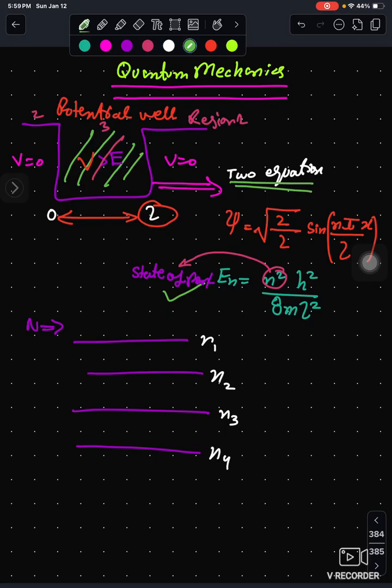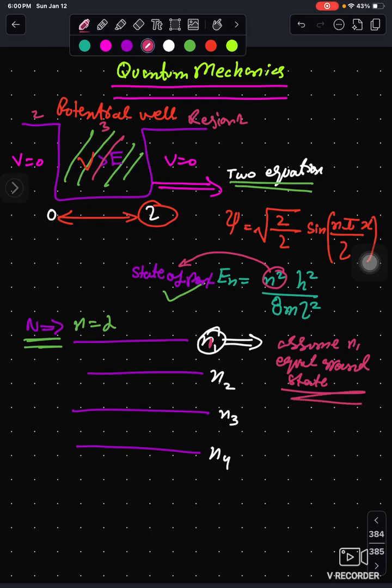If we have n equal to 2, we're talking about the particle going from here. Assume n equal 1 is the ground state, so n equal 2 means the particle goes from the ground state to this state. So n equal 2 refers to the excited state.